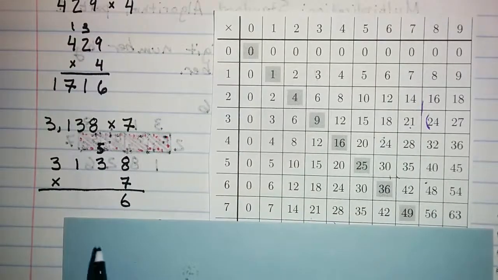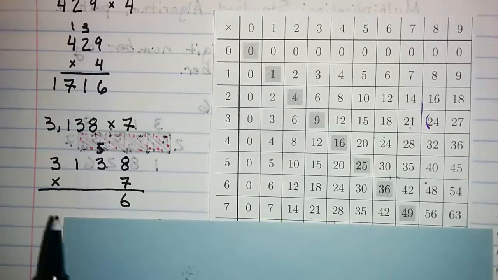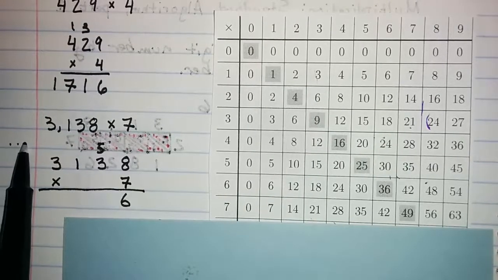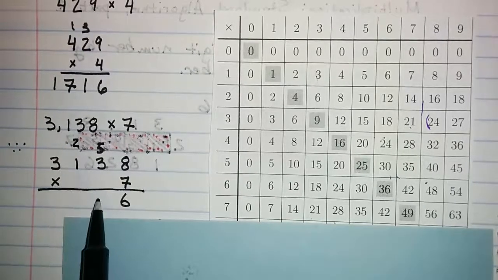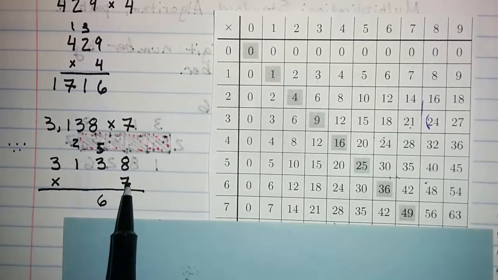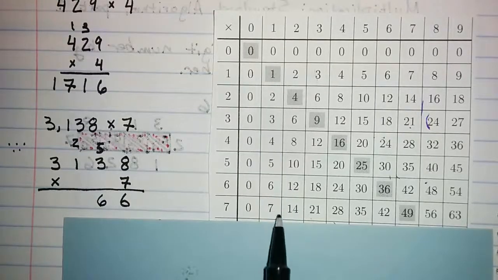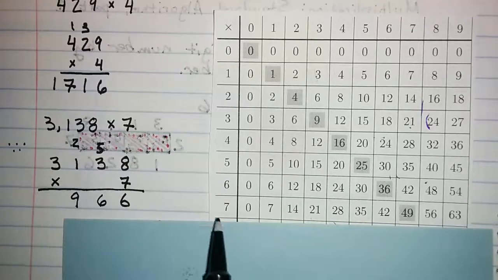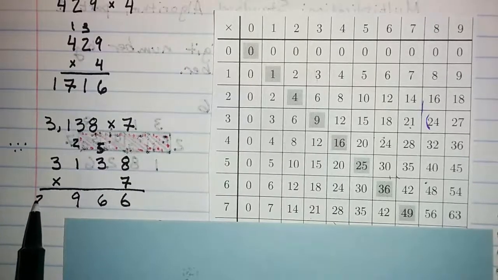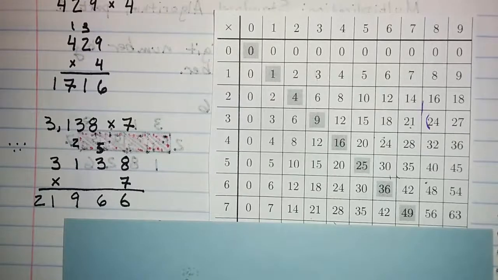Carry the 5. 7 times 3 is 21. 22, 23, 24, 25, 26. Carry the 2, write down the 6. 7 times 1 is 7, plus 2 is 9. 7 times 3 is 21. So my product is 21,966.